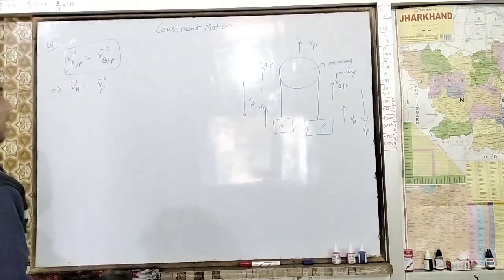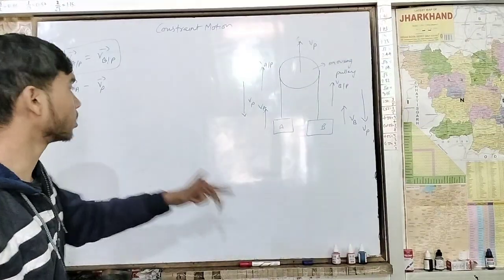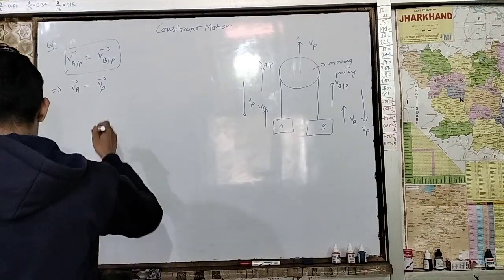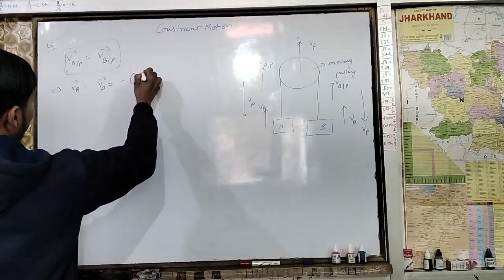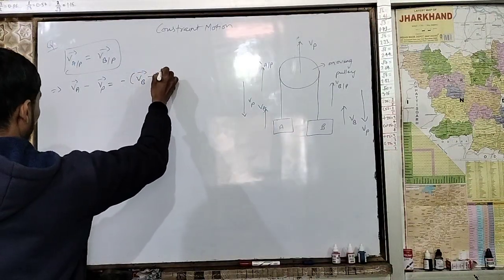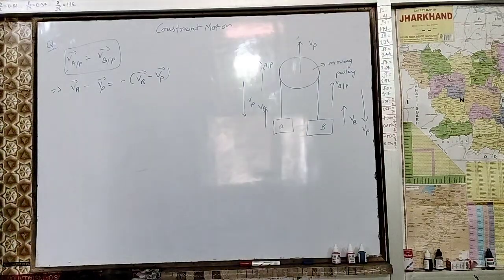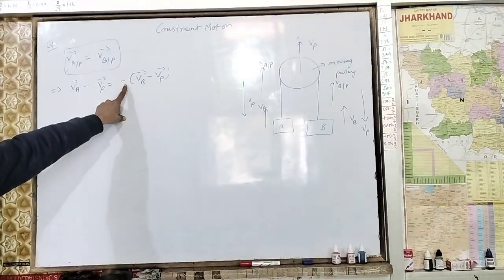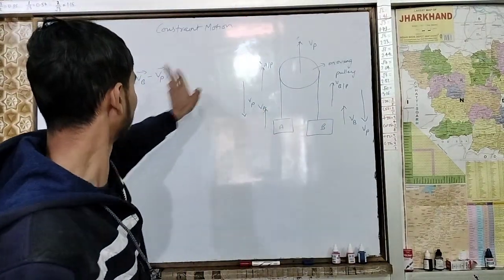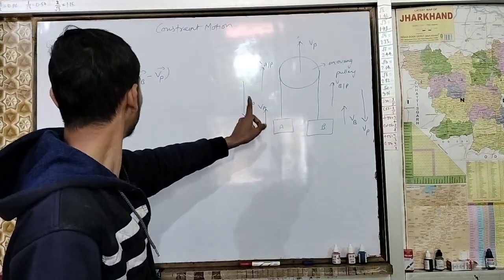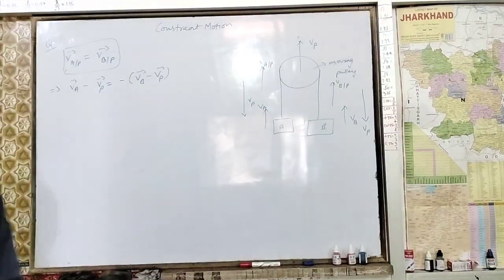The velocity of A is upward, it has a positive sign, and the velocity of P, which is downward, has a negative sign. This will be equal to minus velocity of B minus velocity of P. We just applied a negative sign. So the velocity of B is upward, positive sign. The velocity of P is downward, which is negative sign.